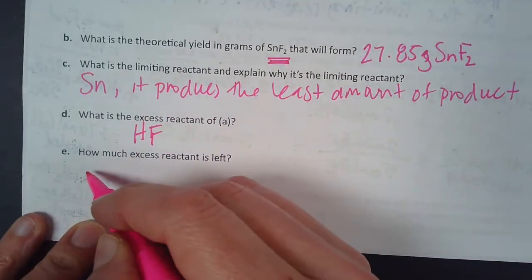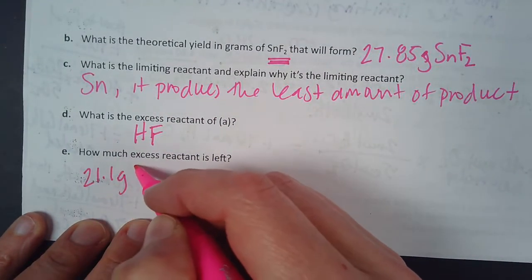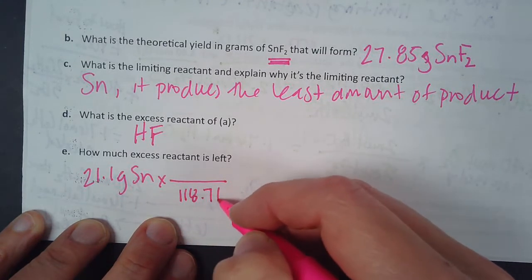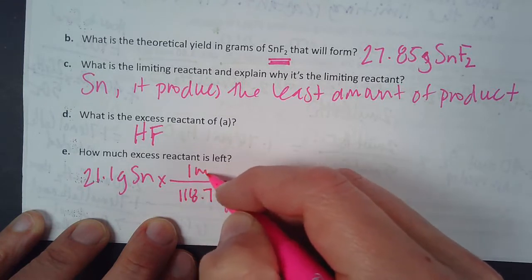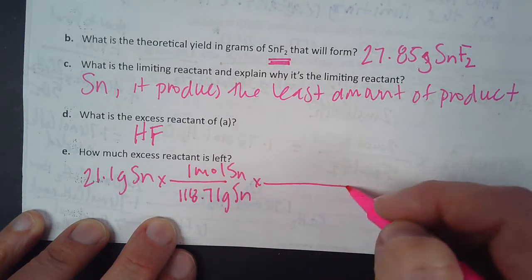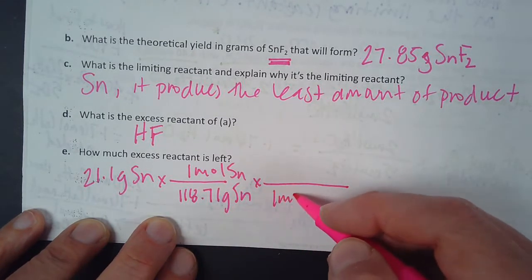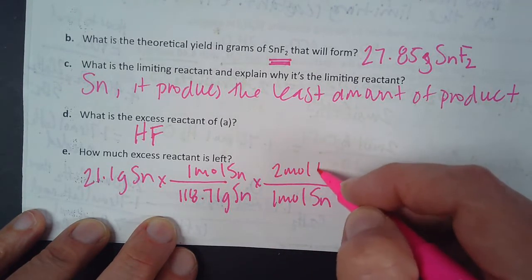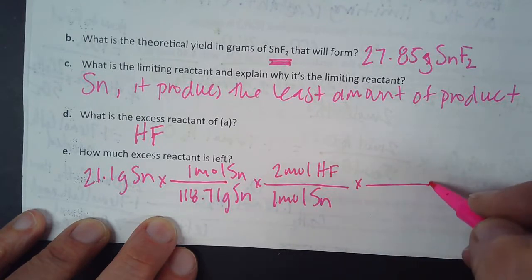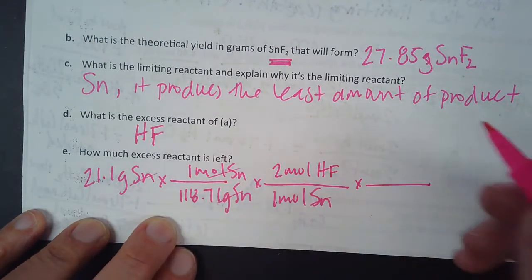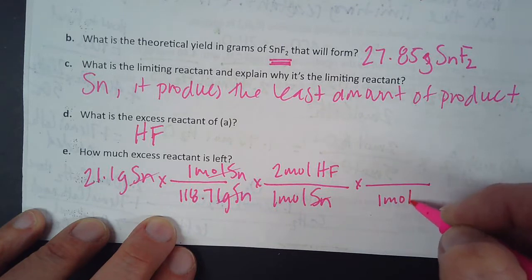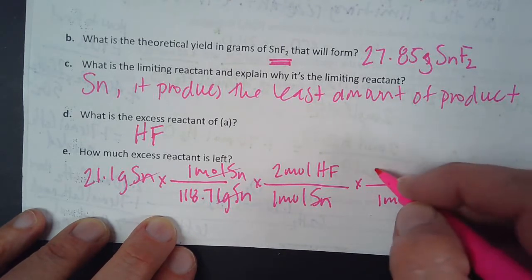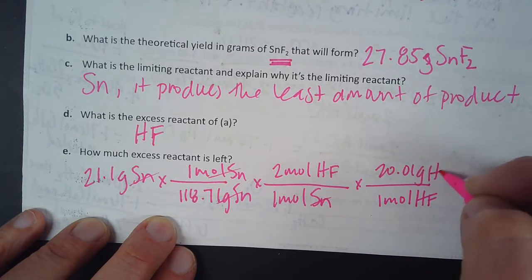So I'm going to do 21.1 grams of Sn. And then we know that 1 mole of Sn is going to be 2 moles of HF. And then 1 mole of HF is 20.01 grams of HF.